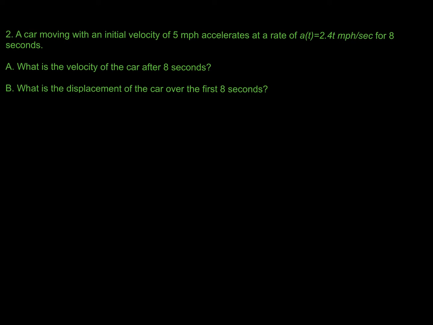And since acceleration is the derivative of velocity, meaning it measures the rate at which velocity is changing, we can find the change in velocity between 0 and 8 by taking the definite integral of our acceleration function from 0 to 8. So let's go ahead and do that.